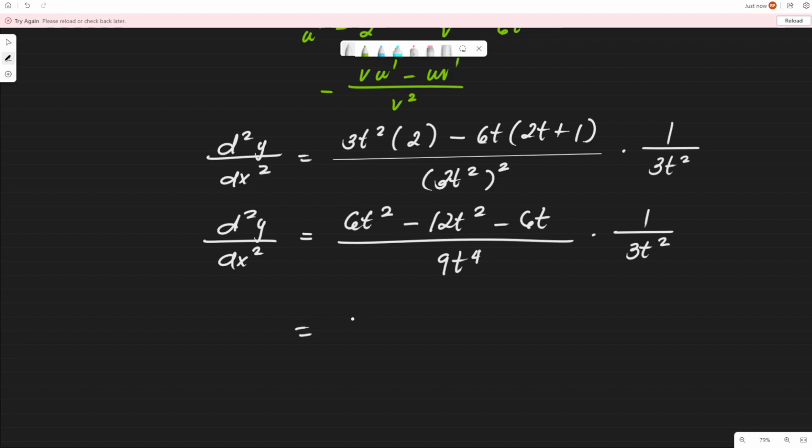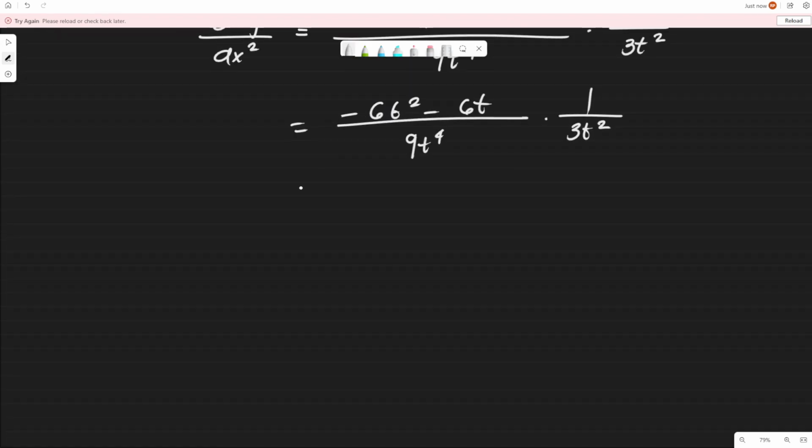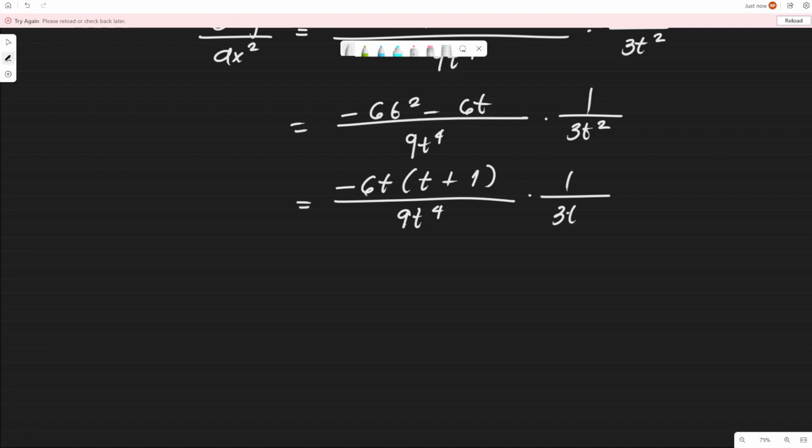No? So, we have negative 6t squared minus 6t all over 9t to the 4th times 1 over 3t squared. So, pwede natin i-factor out yung 6t, no? So, para at least may ma-simplify tayo, no? So, we have negative 6t multiplied to t plus 1 all over 9t to the 4th times 1 over 3t squared.